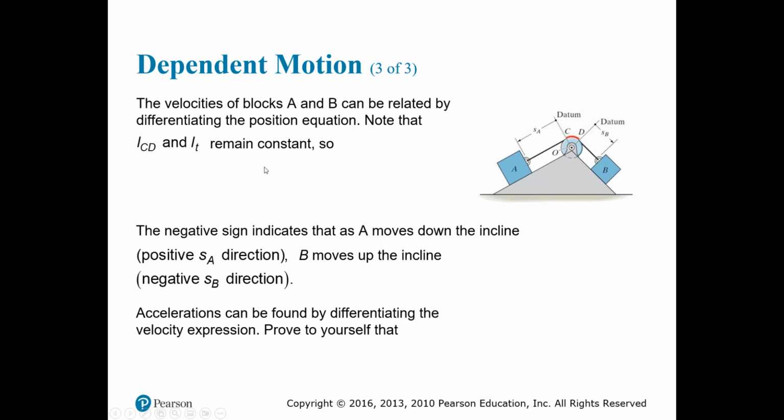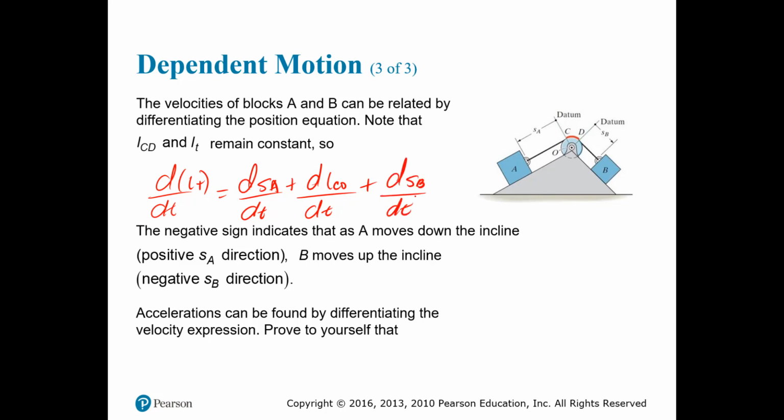So the derivative of LT with respect to t equals the derivative of SA with respect to t, plus the derivative of LCD, the part passing over the pulley, with respect to t, plus the derivative of SB with respect to t. Since LT and LCD are constant, their derivatives are zero.